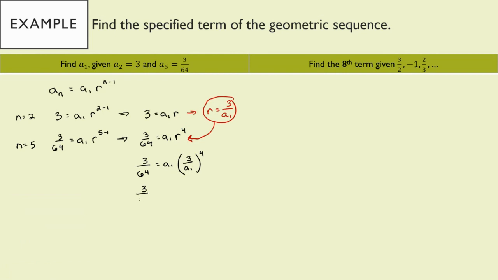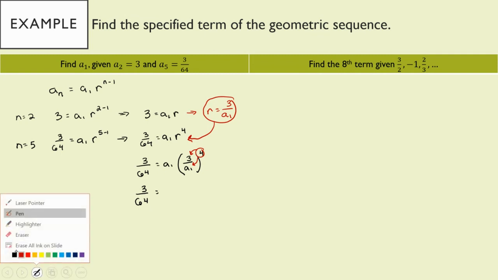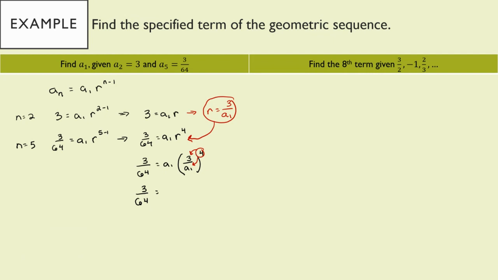This is going to take some simplifying, some algebra here. That exponent of 4 gets applied to both the 3 and the A1. So 3 to the 4th is 81, and I end up with 81 over A1 to the 4th in the denominator. I can cancel out one of these A1s, and that would leave me with A1 to the 3rd.